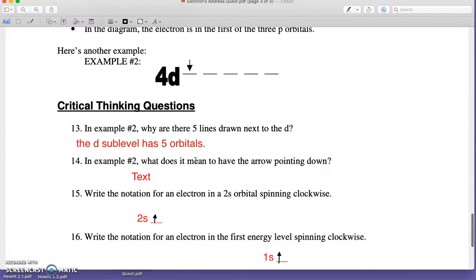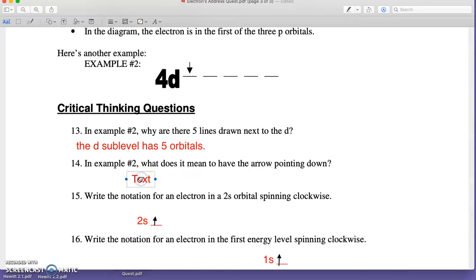In example 2, what does it mean to have the arrow pointing down? That just means, if up means clockwise spin, down must be counterclockwise spin. So the electron is spinning counterclockwise.